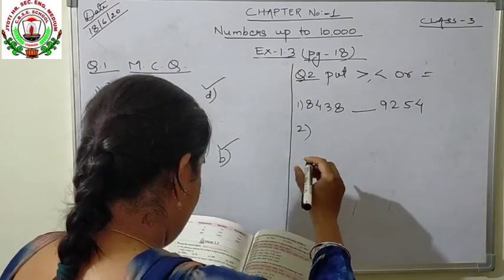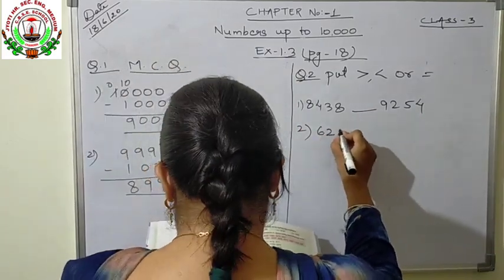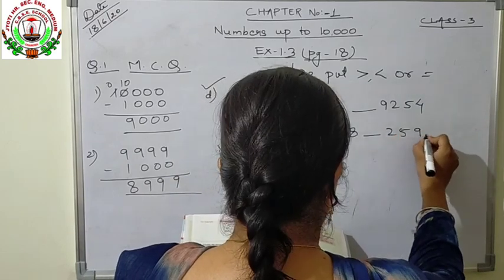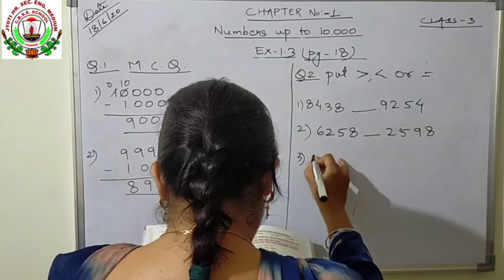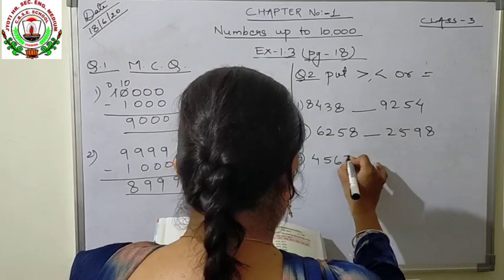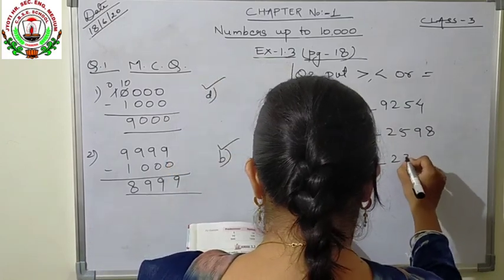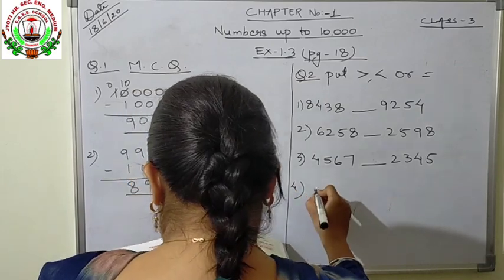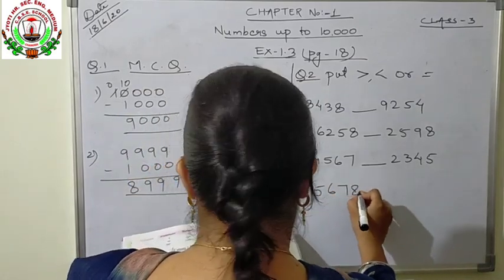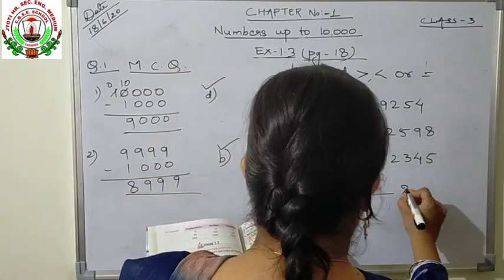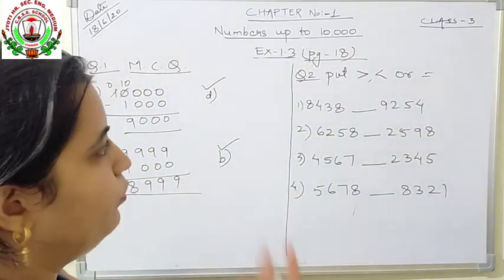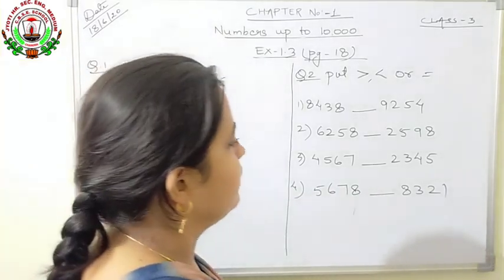Number 2 is 6258 and 2598. 4567 and 2345. Number 4 is 5678 and 8321. So you have to put the greater, smaller or equal sign in this box.